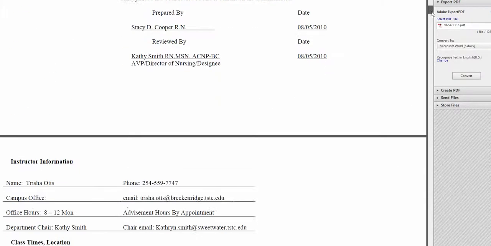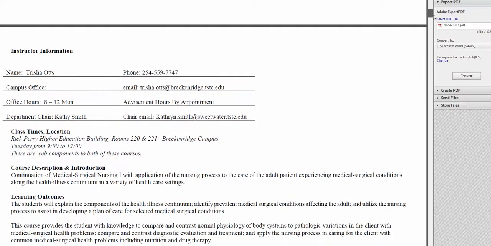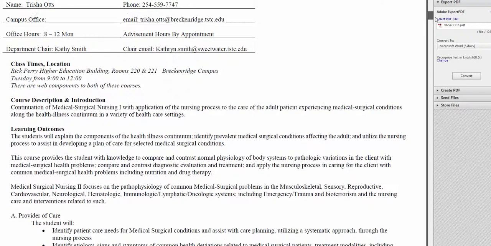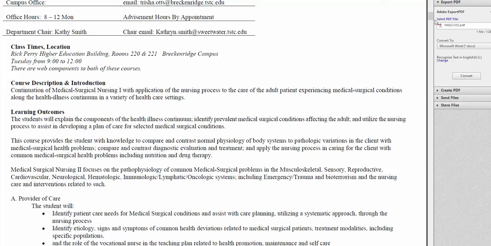That means they are going to be the general outcomes for med-surg. They are not going to be specific to cardiac or respiratory or genitourinary or anything like that. They're going to be specific to medical surgical conditions.